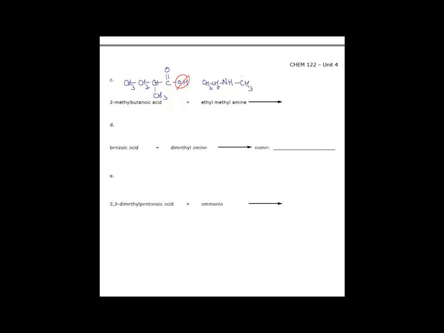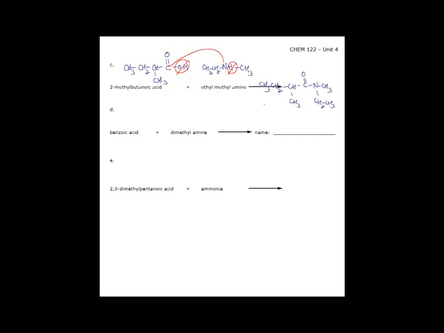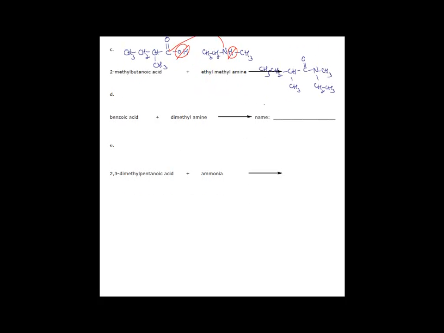So get rid of the OH, get rid of the H, make a really long bond, and you have your amide. There you go. You don't have to worry about naming that one. It's beyond this course.